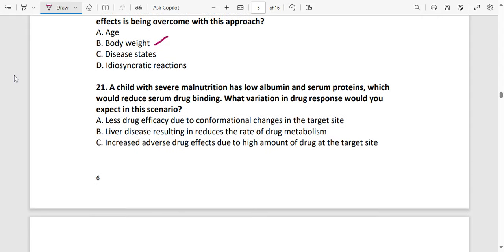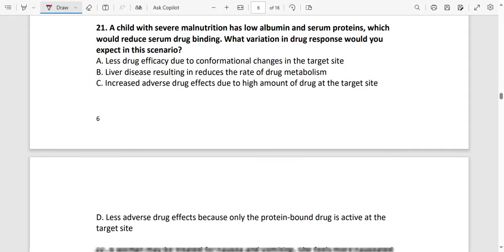Okay. 21. A child with severe malnutrition has low albumin and serum proteins, which would reduce serum drug binding. What variation in drug response would you expect in this scenario? Let me just point out some things.